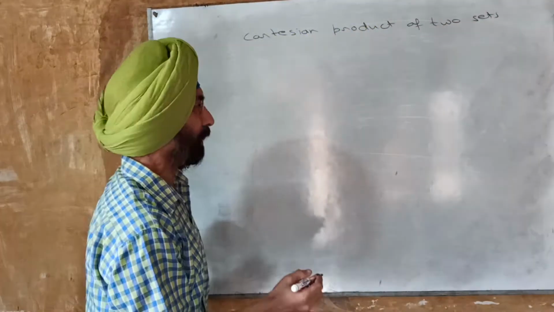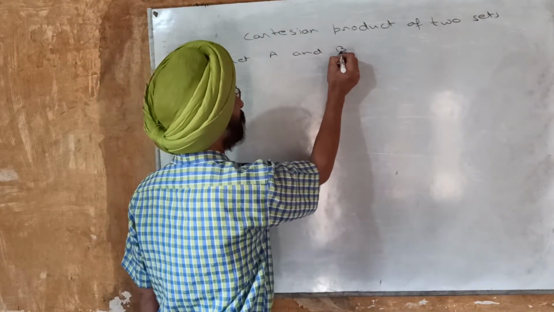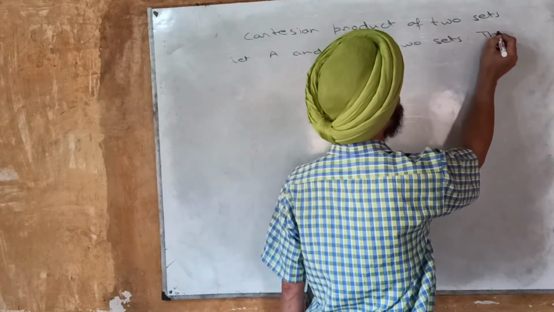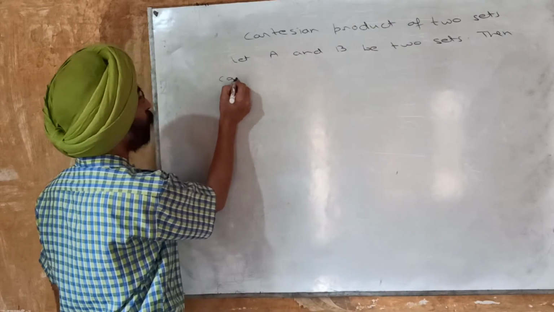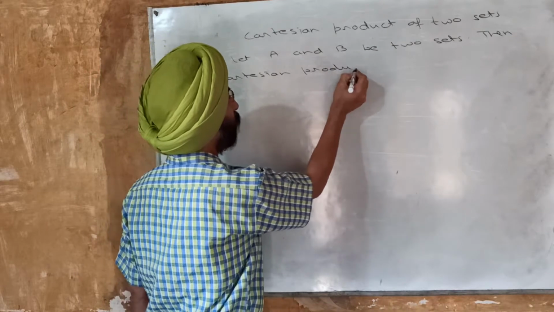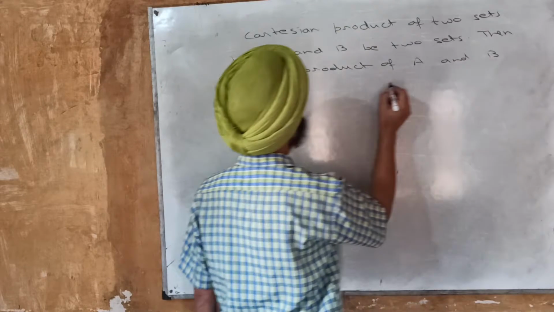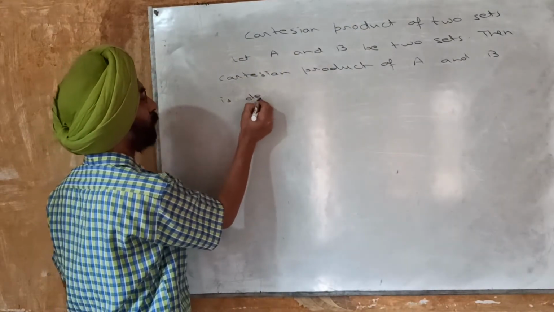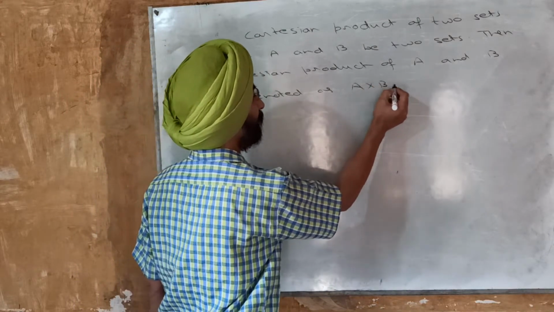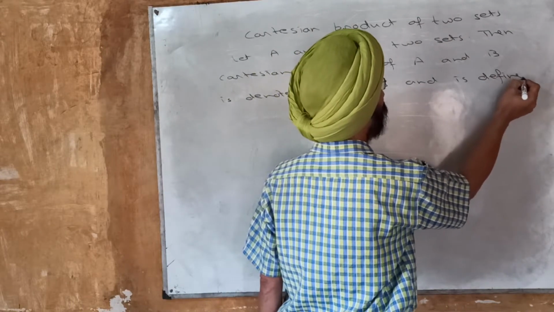What is this? Let A and B be two sets. Then the Cartesian product of A and B is denoted as A cross B and is defined as follows.